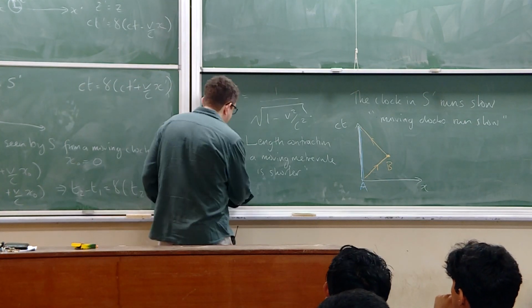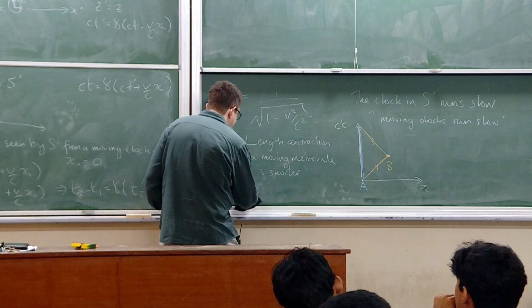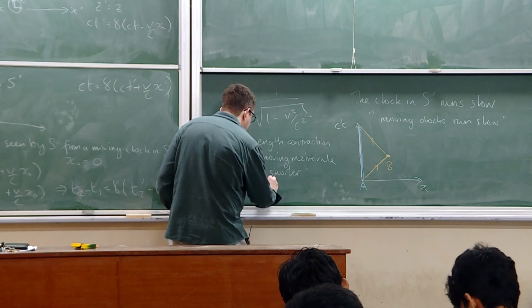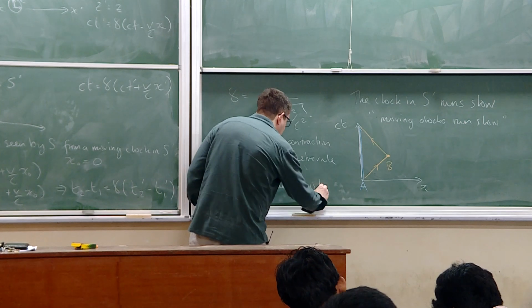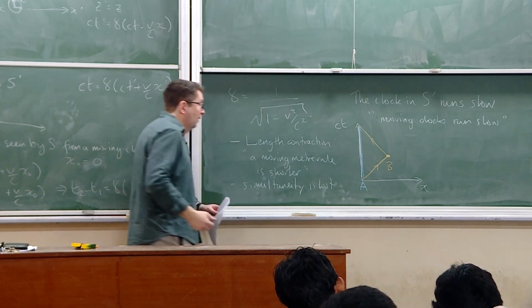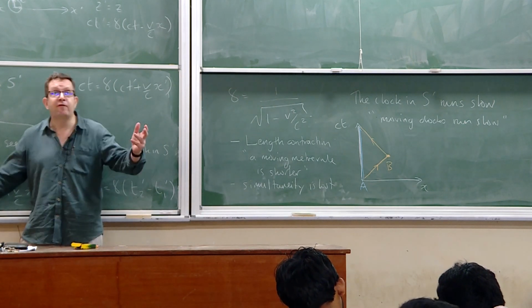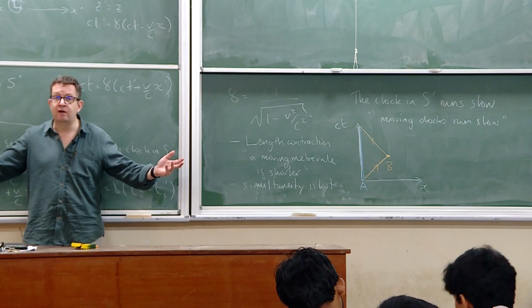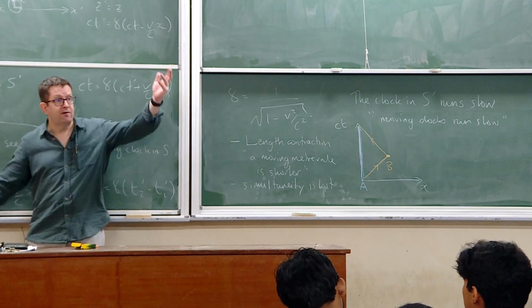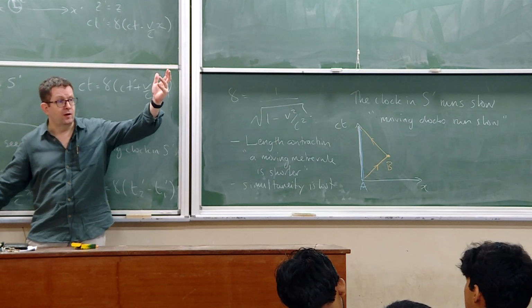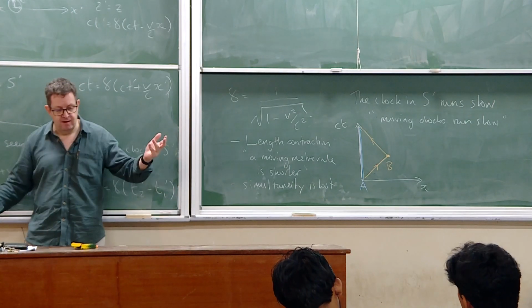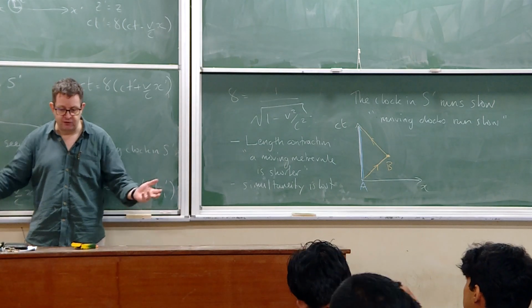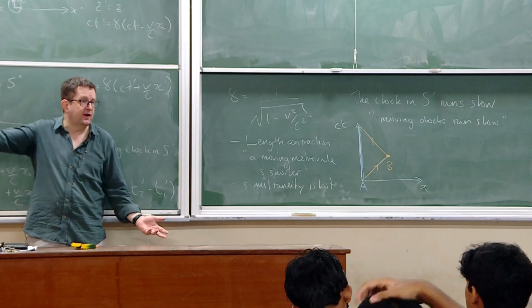And of course, the fact that time is not absolute means that simultaneity is lost. So that means that two events that look the same in one frame, S, will appear at different times in the other one, just because of where they're positioned and what the times are. If they're simultaneous in one frame, they won't be simultaneous in another.